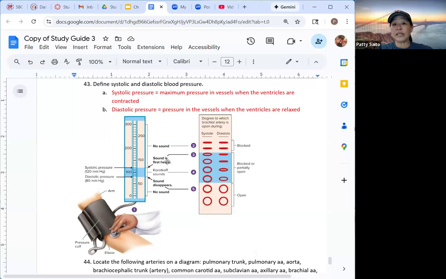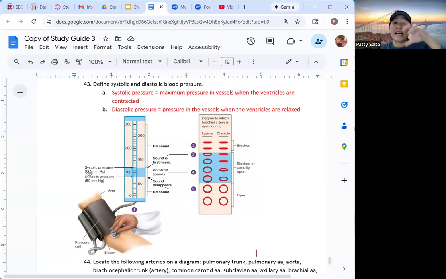And the first sound you hear is the systolic pressure. And a typical, an average systolic pressure is 120 millimeters of mercury. So mmHg, that's millimeters of mercury. All right. When they measured blood pressure, they looked at how many millimeters a column of mercury would rise in a tube.